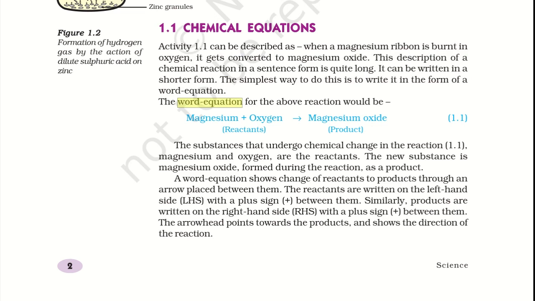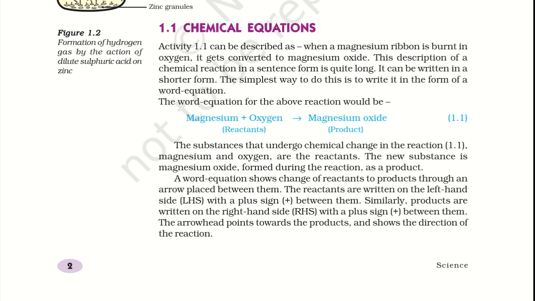So instead of using the whole sentence, we will use the words or the substances that have taken part in a chemical reaction. You can see over here the word equation looks something like this. Magnesium reacts with oxygen, that means when magnesium was burnt in air, it formed magnesium oxide. Now this is what we call a chemical equation.